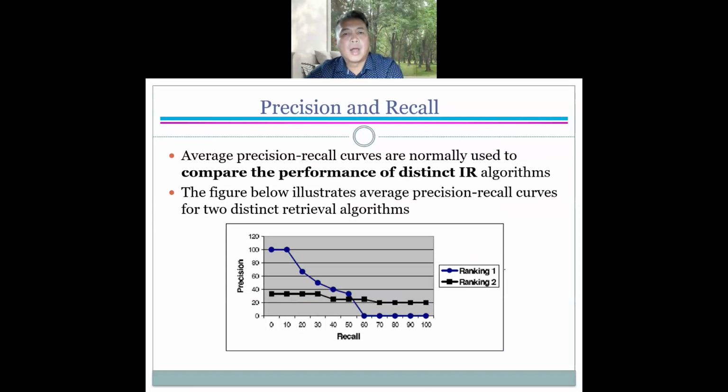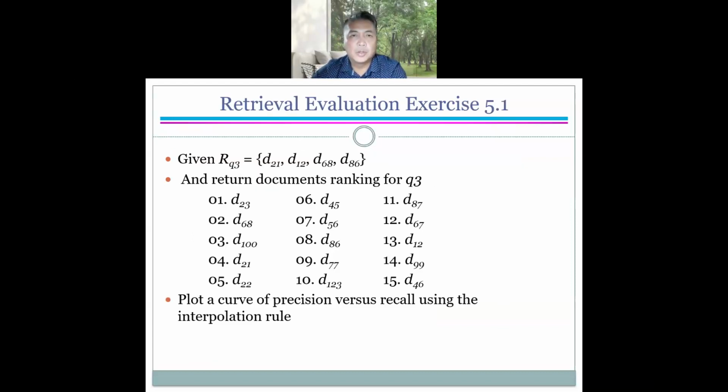When we try to compare two different systems, we look at ranking number 1 and ranking number 2. The only way for us to determine which one is good is to look at the area under the curve. So this is your exercise later on.